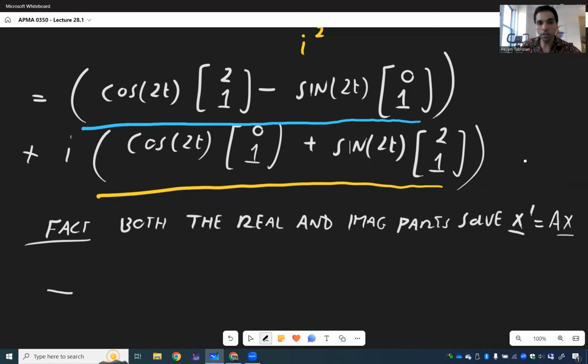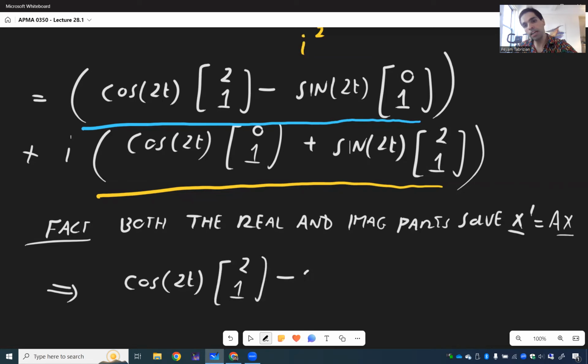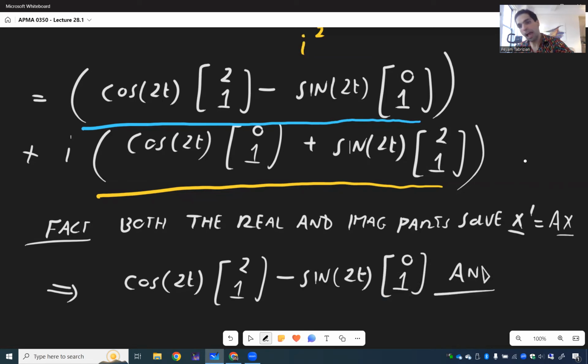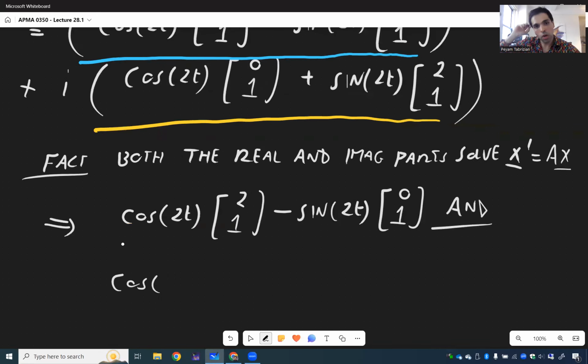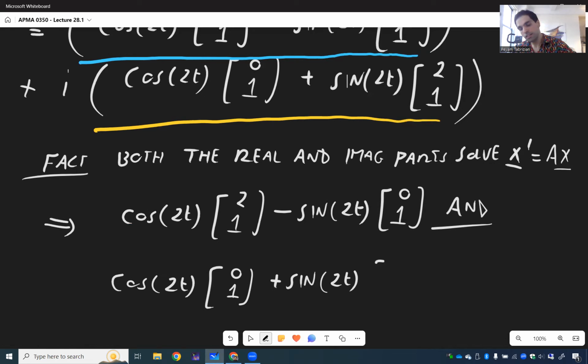So in particular, this tells you that both cosine 2t times (2, 1) minus sine 2t times (0, 1), and the cross terms, cosine 2t times (0, 1) plus sine 2t times (2, 1), solve the ODE.